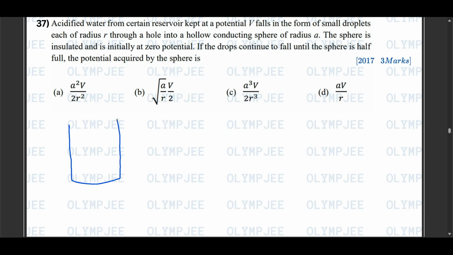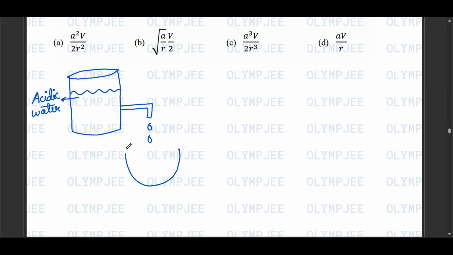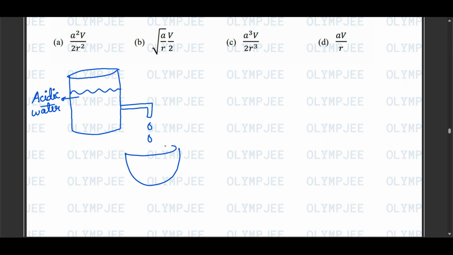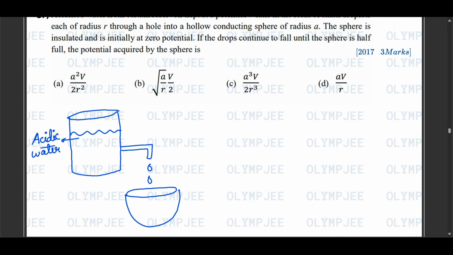So assume that this is acidic water. And drops are falling into a sphere of radius a. Sorry, this was a sphere. I have made it a hemisphere.